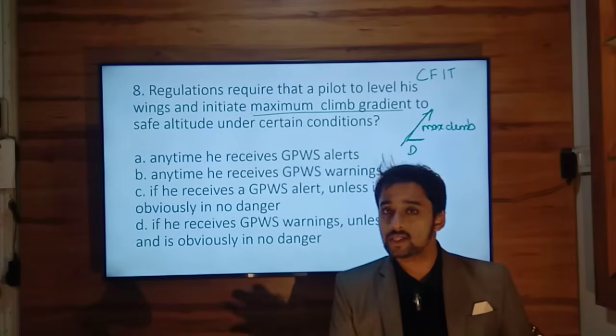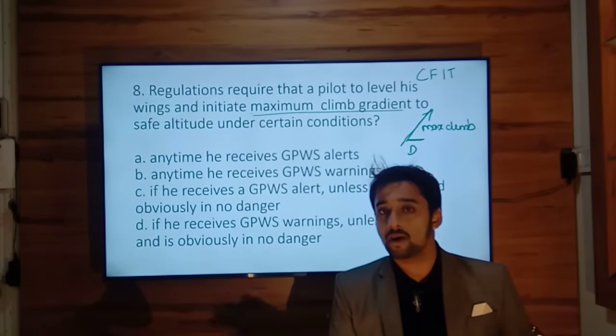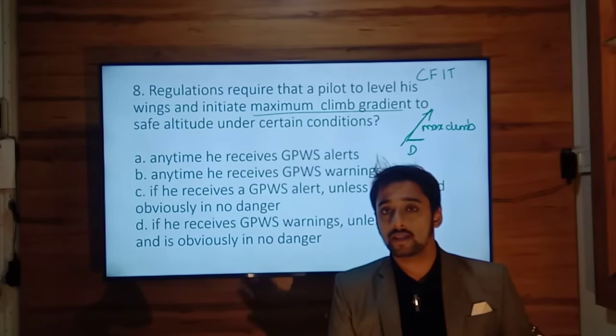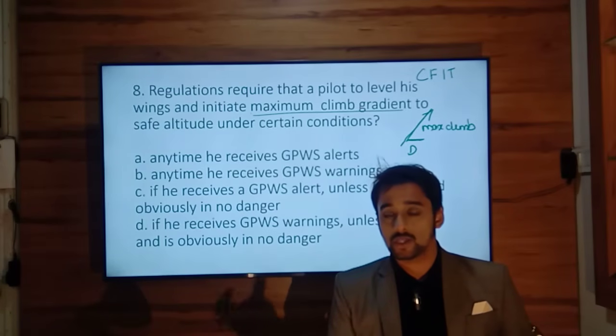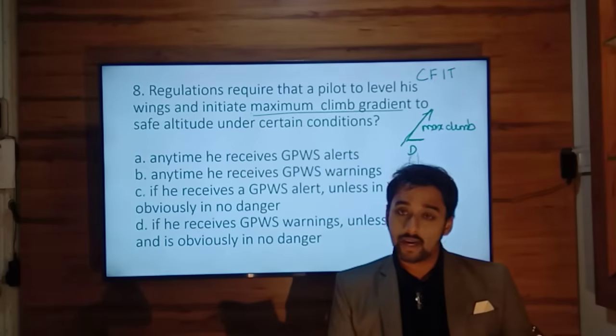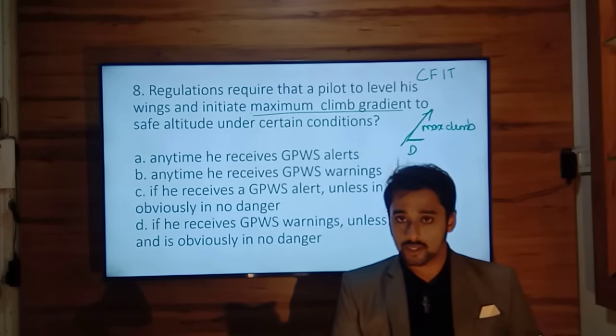That means everything is normal with your flight, it is under your control, everything is working perfectly, but due to some human or pilot error, the flight has collided with a mountain or any obstacle below or in front of you. That is called controlled flight into terrain. Basically, it's a crash. To prevent that, we have onboard navigation equipment, which is the ground proximity warning system.